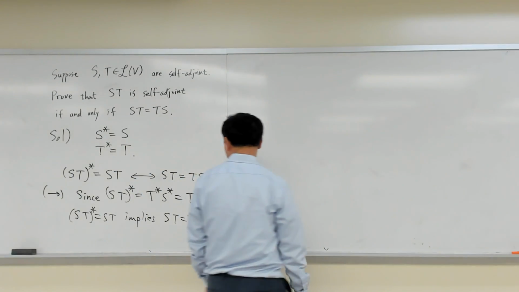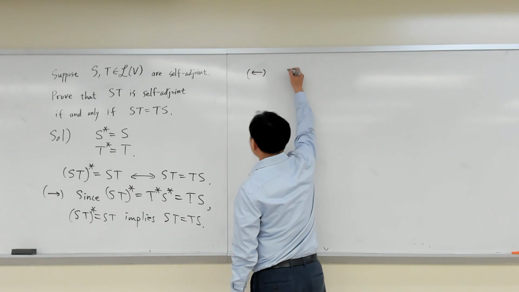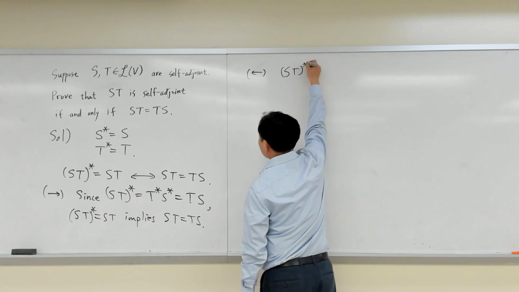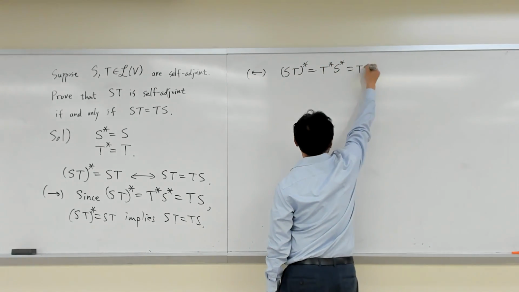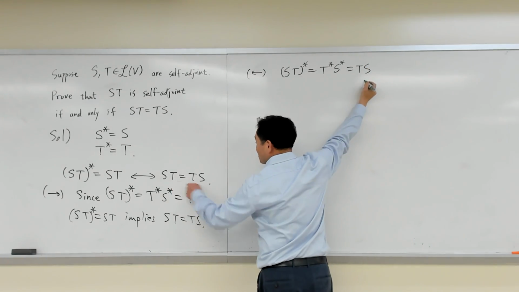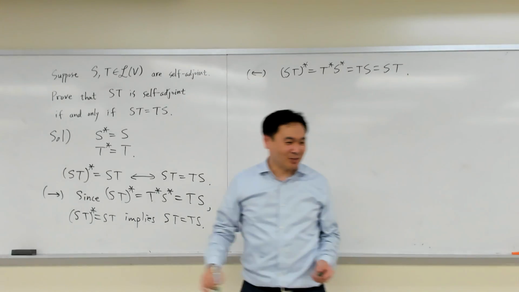And then the other direction: (ST)* is equal to T*S* equals TS, but because this is an assumption, that's equal to ST. Done.